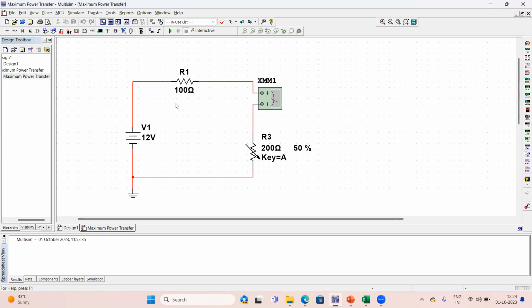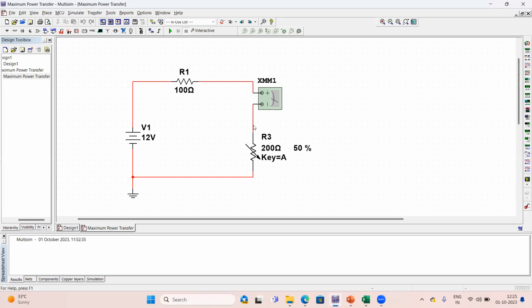If you perform this experiment in the laboratory, normally the internal resistance of the voltage source will be unknown; you won't be able to say the exact value. At that time, you can connect a 100 ohm resistance in series with whatever power supply you are using in your laboratory, and then connect one variable resistance.